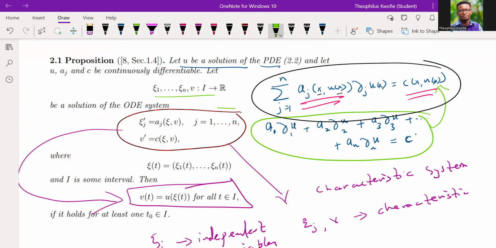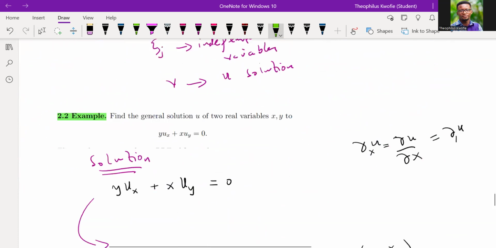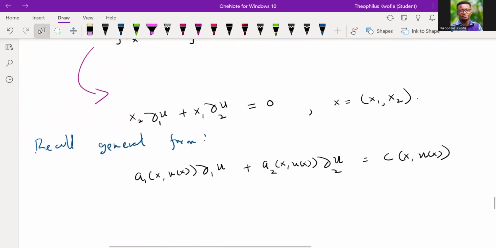Per our characteristic system, the differentials of the xi_j's correspond to your independent variables, and then the v corresponds to the c. So let's take note of that.